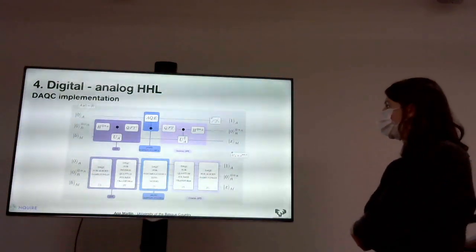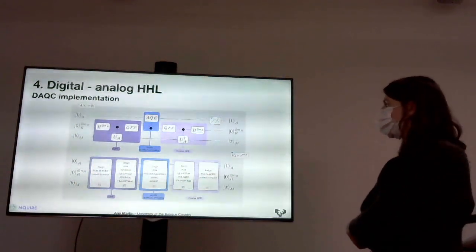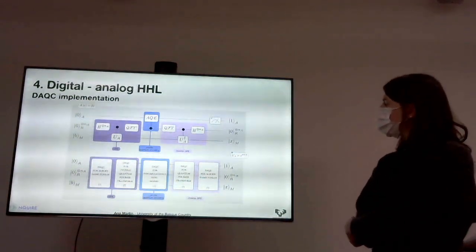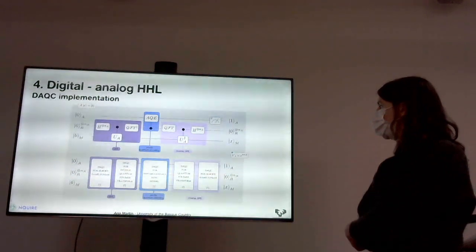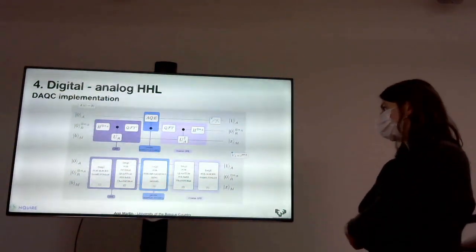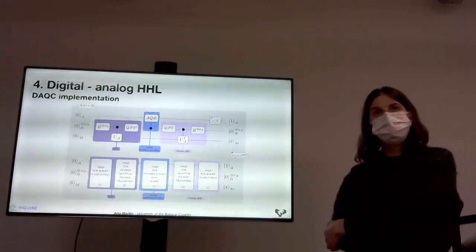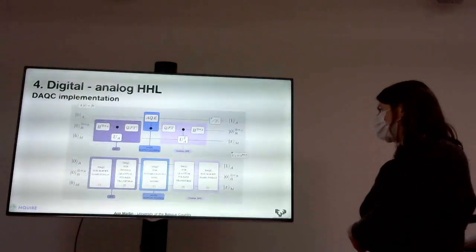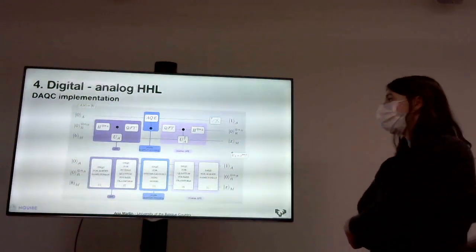So I think it's a good opportunity to remember that when you're doing digital-analog, you are feeding the interaction Hamiltonian on all the system at the same time. So you cannot turn off some part of the circuit and do no other thing. You have to work with the whole system Hamiltonian.